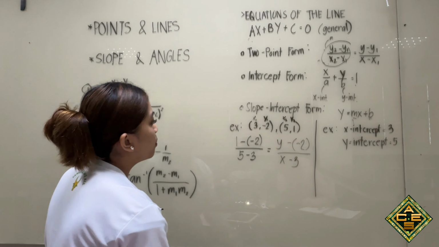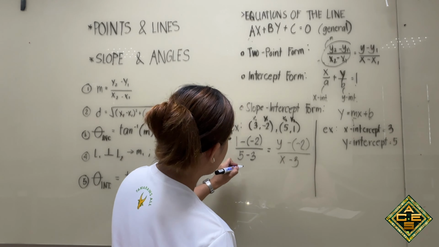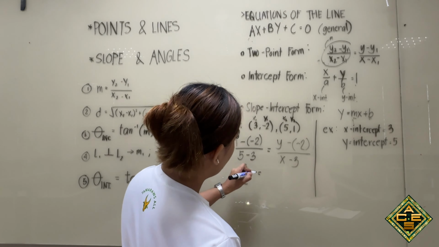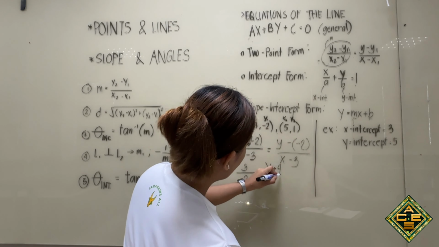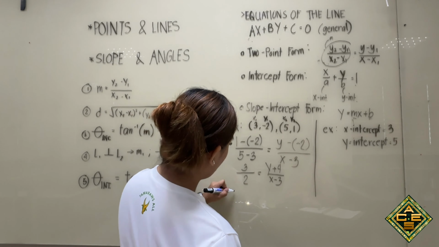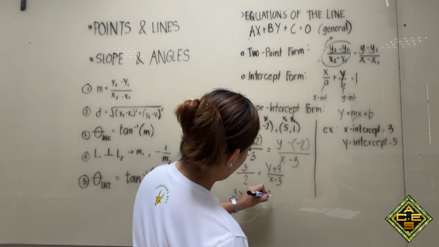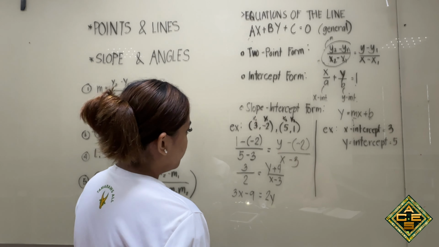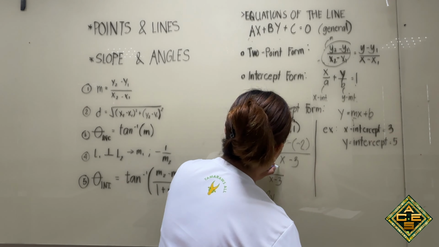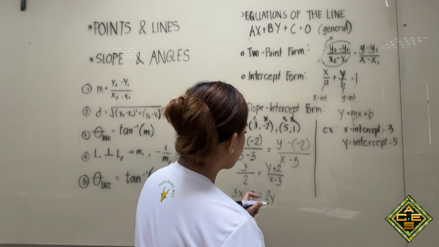We'll just manipulate the equation. 1 minus negative 2 is 3, all over 2, equals y plus 2 all over x minus 3. Sorry, this is y plus 2, not 4. By cross multiplication, we get 3x minus 9 equals 2y plus 4.